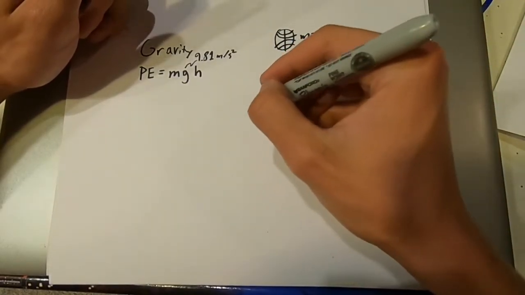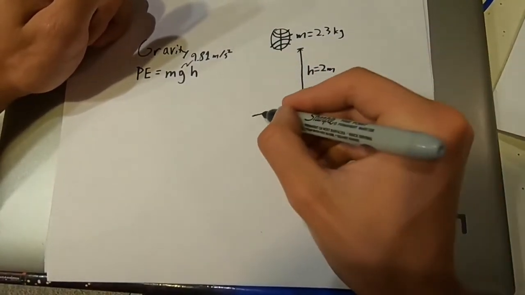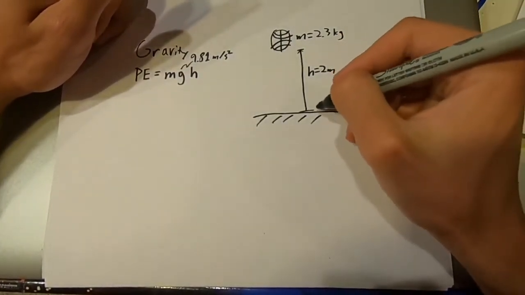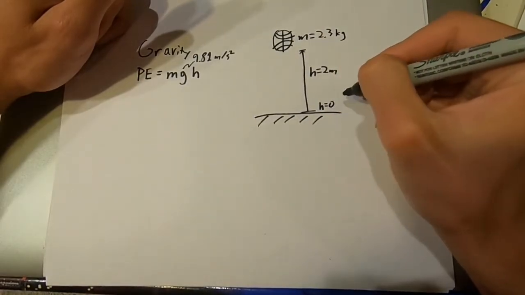Okay, so this is our floor right here. Then at the bottom, h would equal 0.